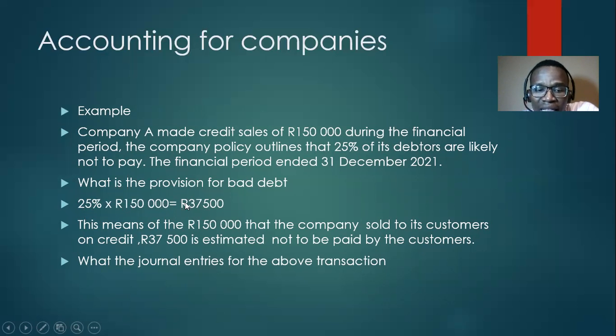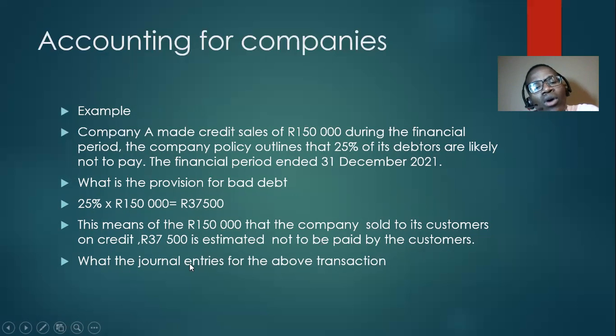So it means 37,500 is likely not to be claimed from the customers that bought on credit, right? So this means that of the 150 that the company sold to its customers on credit, 37,500 is estimated not to be paid by the customers, right?